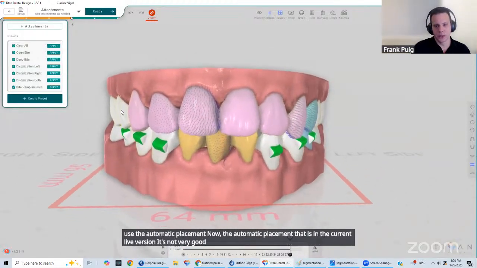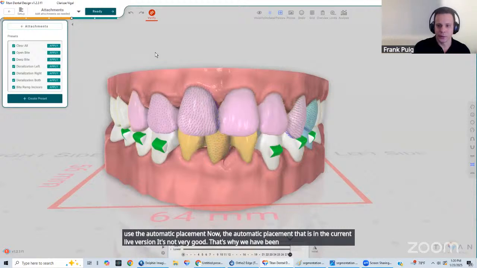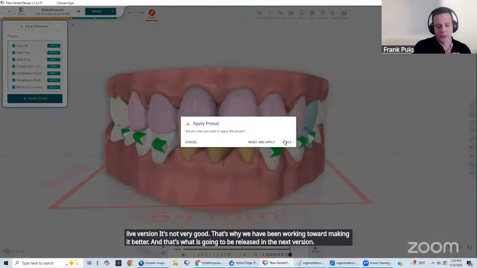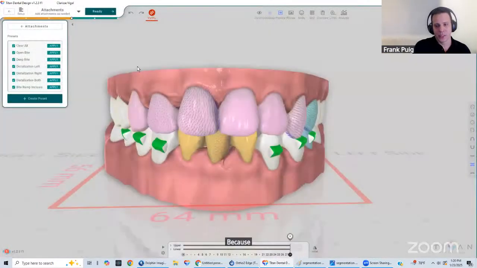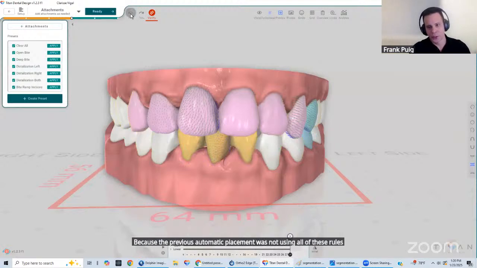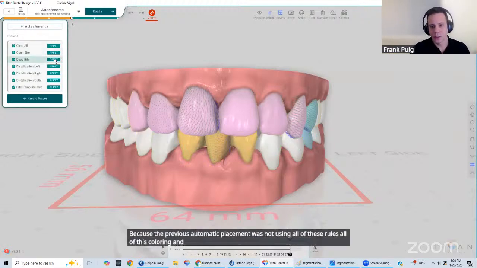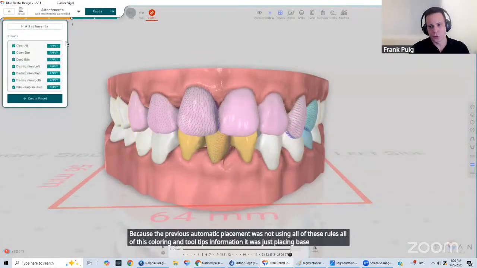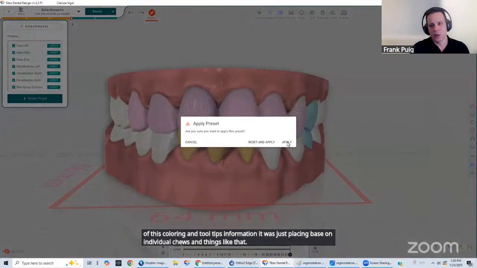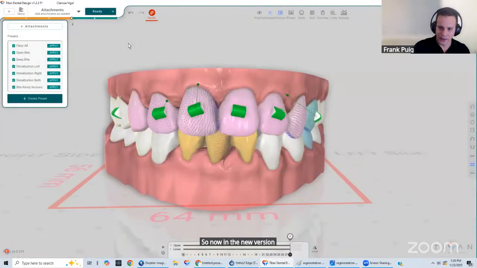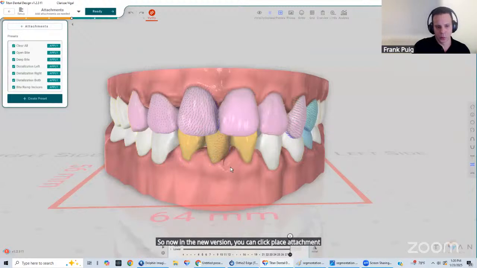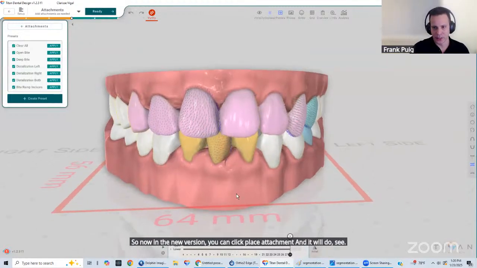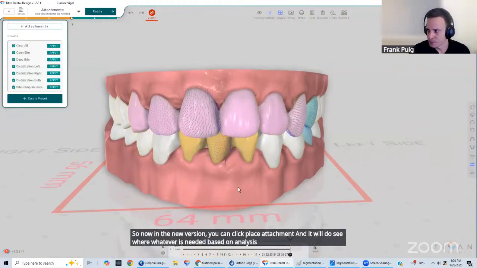That's why we have been working toward making it better, and that's what's going to be released in the next version, because the previous automatic placement was not using all of these rules, all of this coloring and tooltips information. It was just placing based on individual tools. So now in the new version, you can click place attachment and it will do, see, wherever is needed based on analysis. Hope that helps.